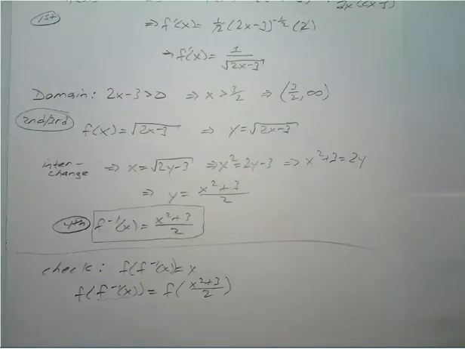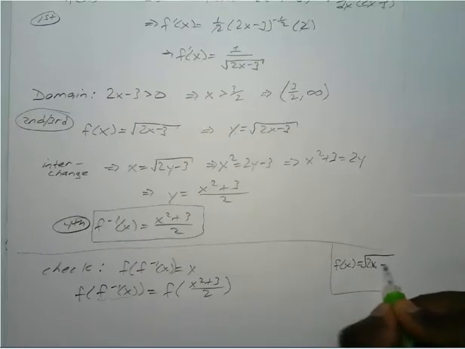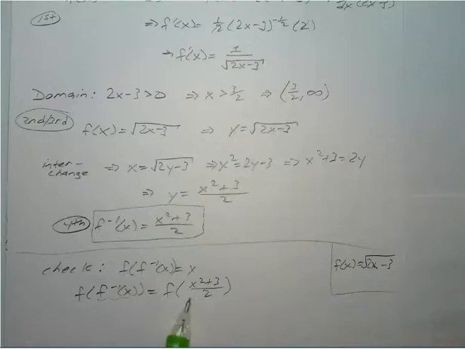Now what does this tell us? Well, since we know that f of x equals the square root of 2x minus 3, we just replace the x with (x squared plus 3) over 2. So that's the square root of 2 times (x squared plus 3) over 2, minus 3.